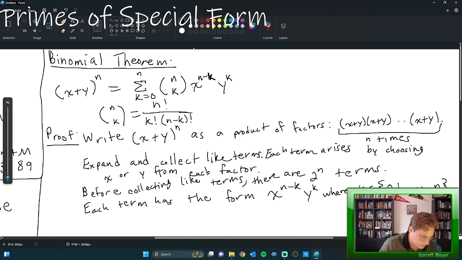Okay, x to the n minus k, y to the k means that we chose y from exactly k of the factors.